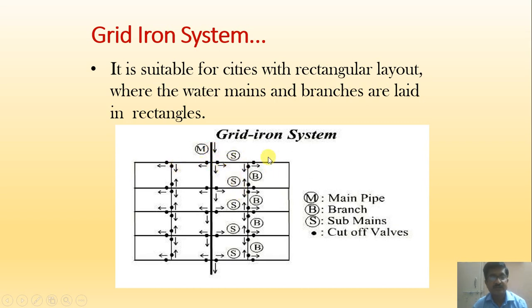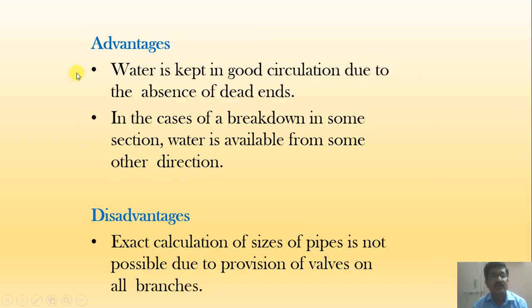The sub-mains are associated with the branches. Again you can see these black dots; these black dots are nothing but the cut-off valves, the control valves which can control the flow or distribution of water in that particular area. There are various advantages and disadvantages of this method as well. So what are the advantages?